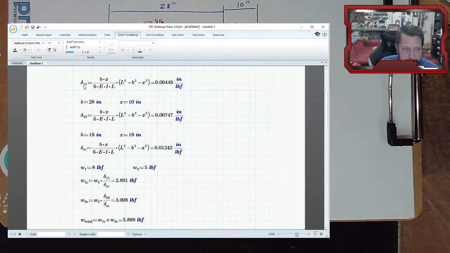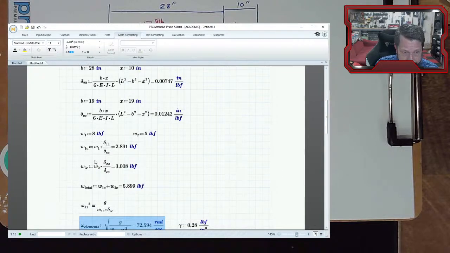What they mean is this is the influence coefficient of the force at 1 at location 1, and this is the force 2 at location 2. This is the force at the center, and its effect at the center.